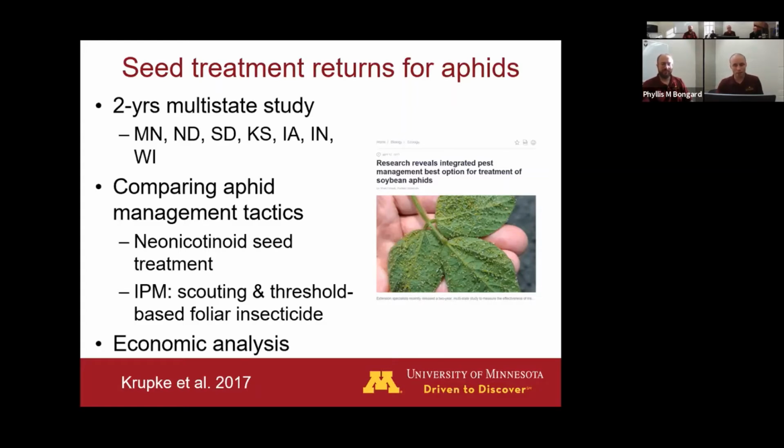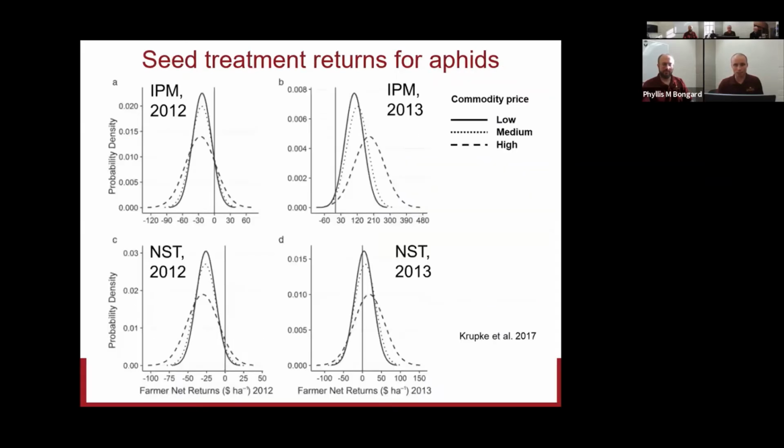And they performed an economic analysis on those data. Here's a quick summary of that economic analysis. These 2 graphs on the left-hand side are from 2012, where we've got the IPM treatment, which was using scouting and the threshold to determine when to apply the foliar insecticide. On the bottom, that's reliance on the neonicotinoid seed treatment, NST. 2012 was a low aphid year.